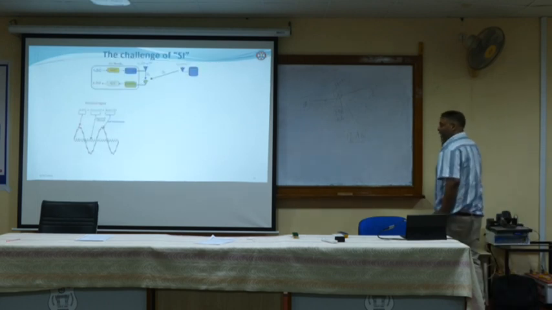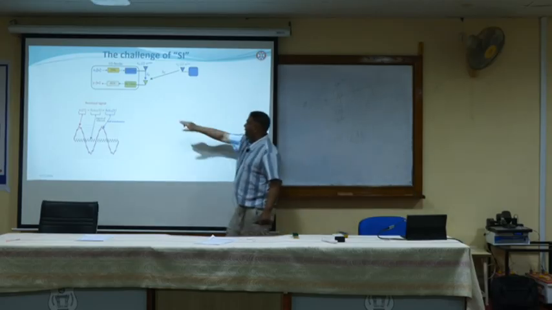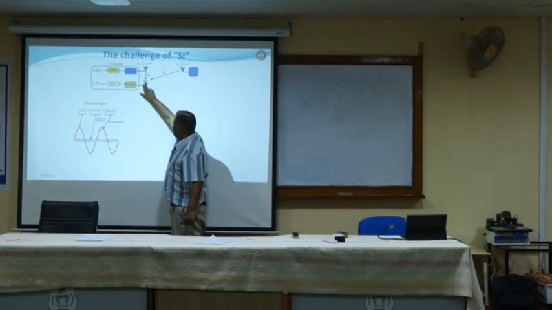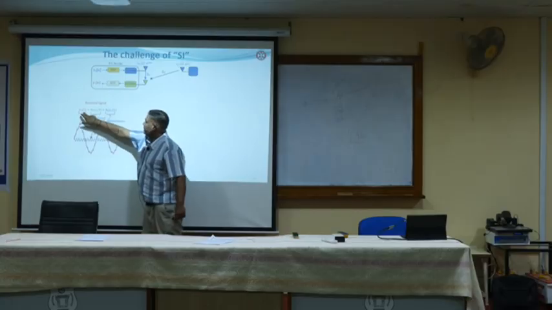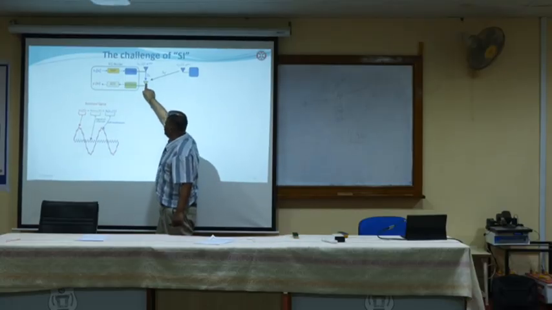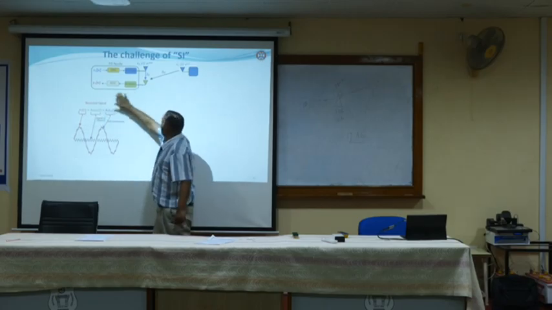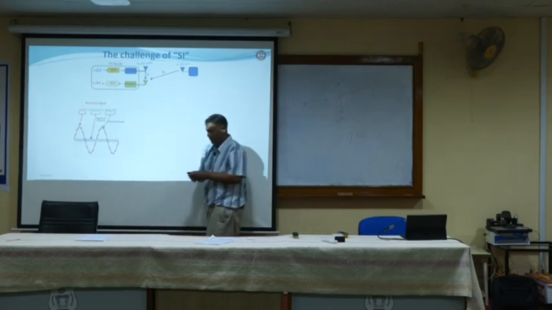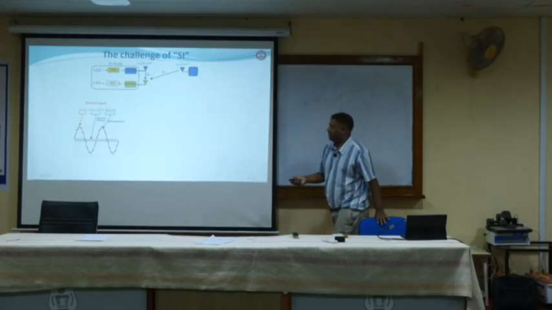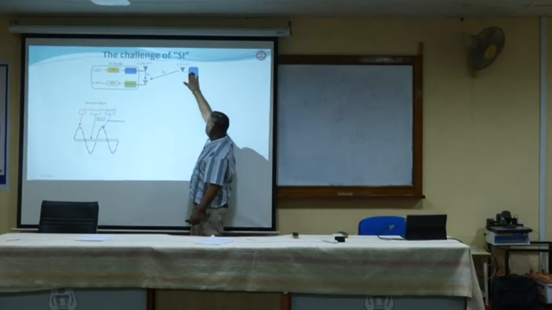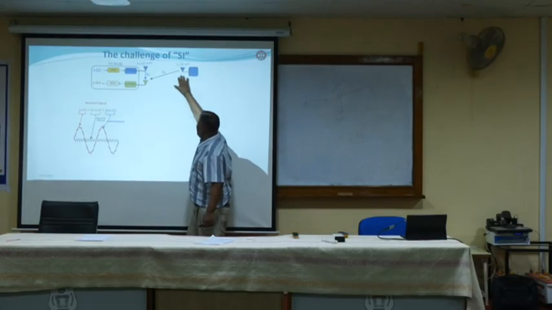Here the received signal consists of the desired signal, the black signal, and the self-interference signal, the blue signal. The black signal is very, very weak because this user is very far away.